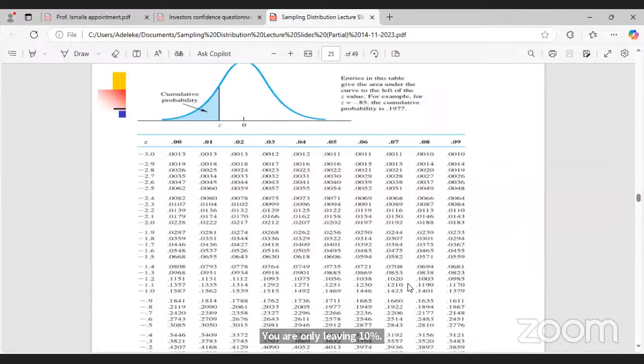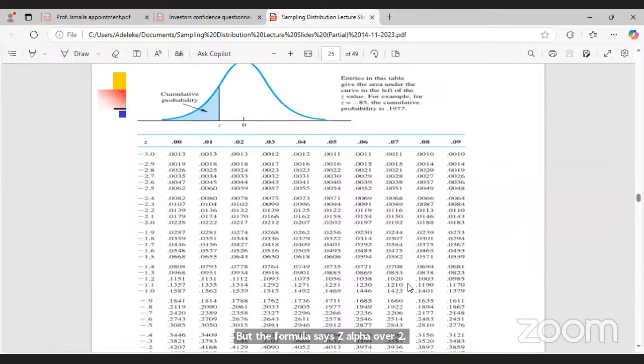Yes, sir. So in this case, the question has stated that you are 95% confident. That means our error is 0.05. That is 5%. 5% is 5 all over 100, and that would be 0.05. But the formula says Z alpha over 2. Alpha is 0.05. That's the margin of error.